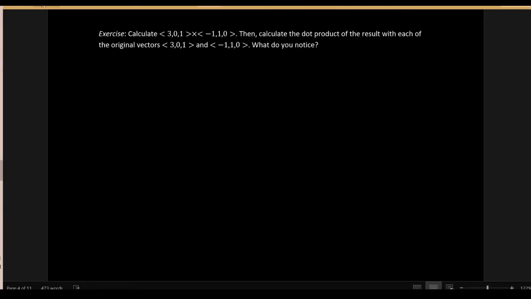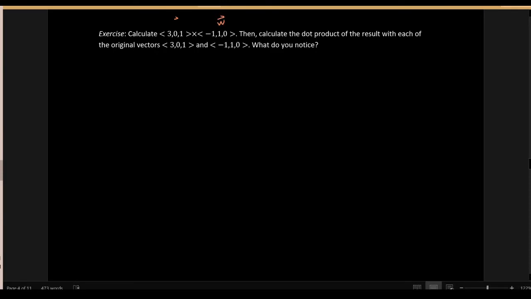Let's do a quick example and calculate the cross product between 3, 0, 1 and -1, 1, 0. So here's the vector v and here's the vector w.